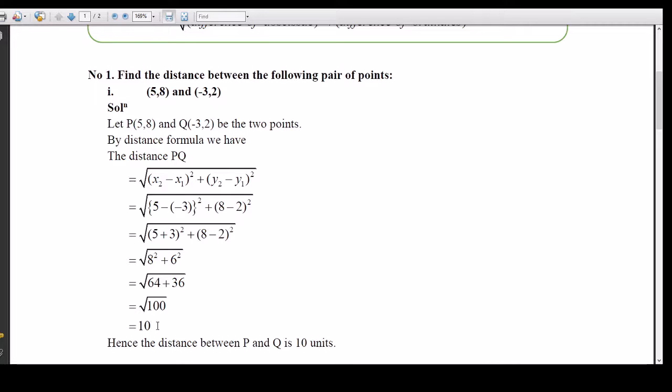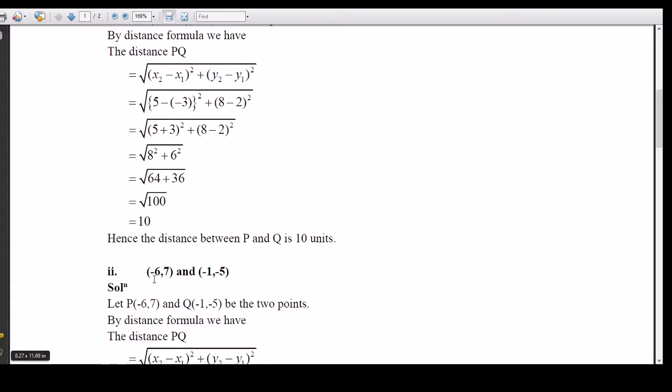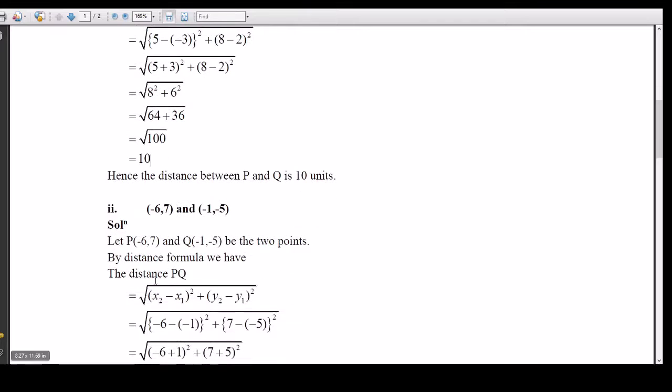Okay, let's go to the second problem. The first point is minus 6, 7. The second is minus 1, minus 5. Let us denote the first point by P and the second point by Q. Then again, using the same distance formula, the distance between the 2 will be x2 minus x1, that is minus 6 minus of minus 1, and 7 minus of minus 5.